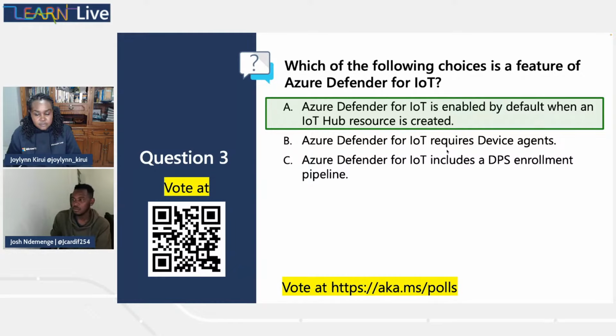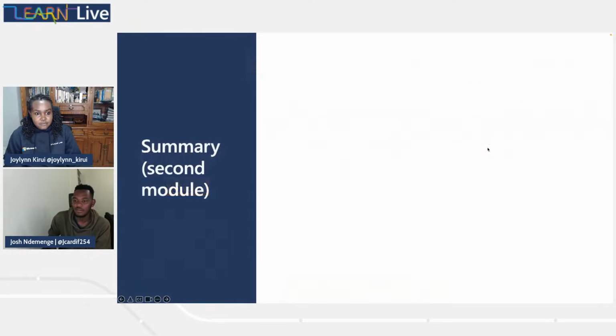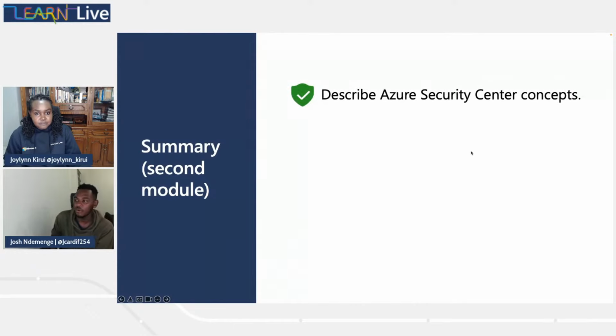It does not necessarily require device agents, because once you create an IoT hub, you already have Defender for IoT. If you want to secure your devices using Defender for IoT, which is what we recommend, you install the Defender for IoT agent on your devices. But it doesn't mean that it's dependent on the device agents.